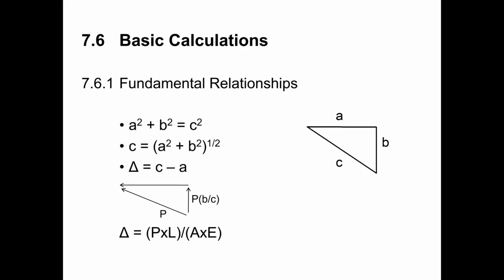Okay, so those are two separate calculations, and as long as you can keep straight in your mind that those are two separate things, then you won't have any problem with Chapter 7. One of those things is very easy to calculate. We're going to look at that on the next slide.